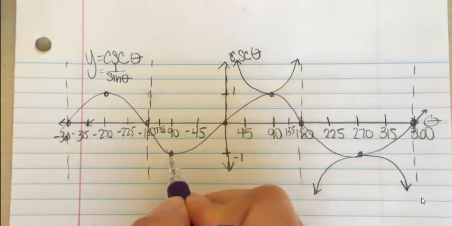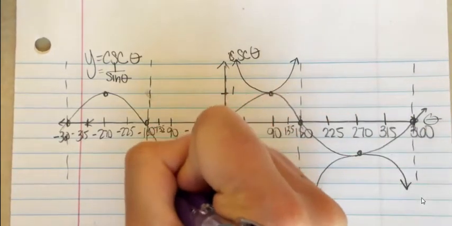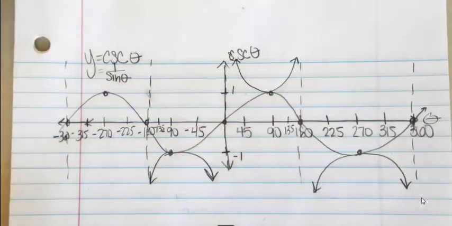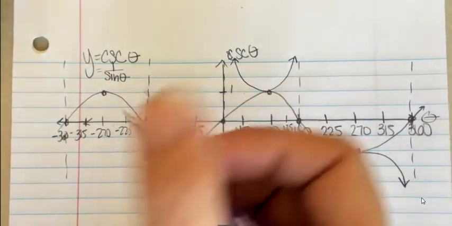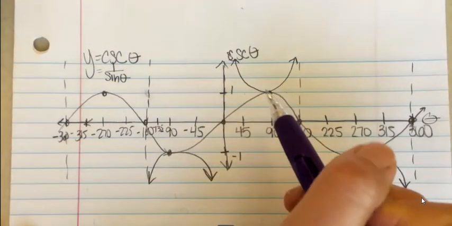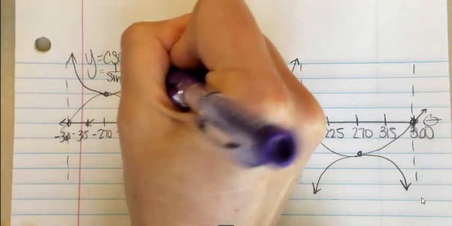Okay, once again, at negative 90, well, that's the same as 270. So basically, that looks exactly like this piece. Just pretend like it looks perfect. Sorry, I totally messed that up. And then at negative 270, well, that's the same as 90 degrees. So you're going to have a piece that looks just like at 90 degrees.